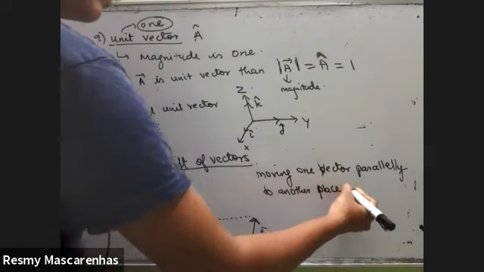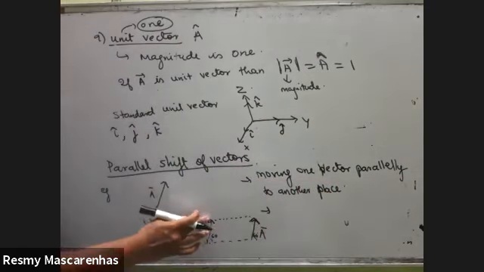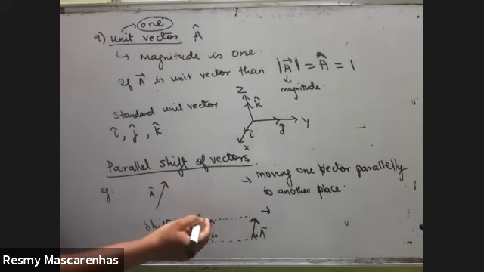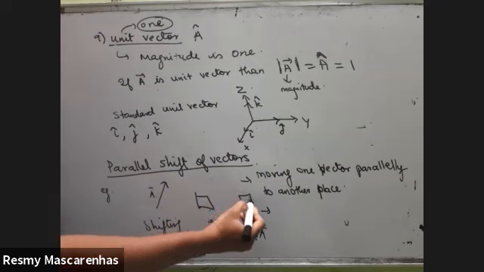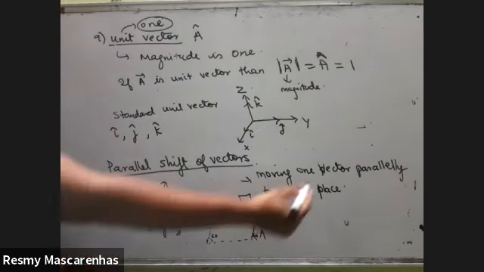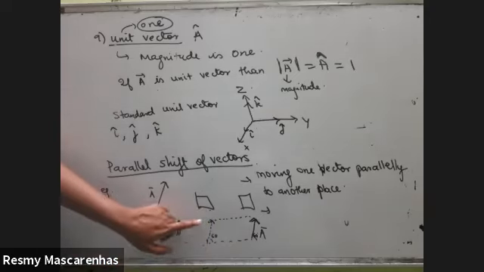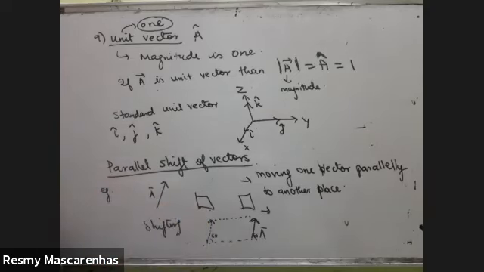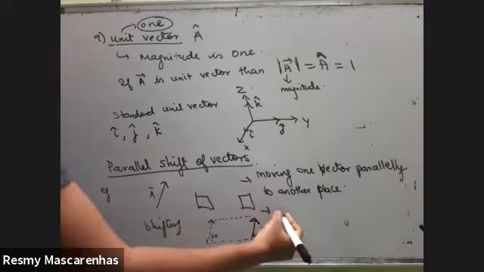But what you have to make sure is that the body which it is acting on should be the same body. If it was acting here, then the body should be here. You cannot simply shift it and put it somewhere in the air. Whatever the force is acting upon, that should be on the same body.